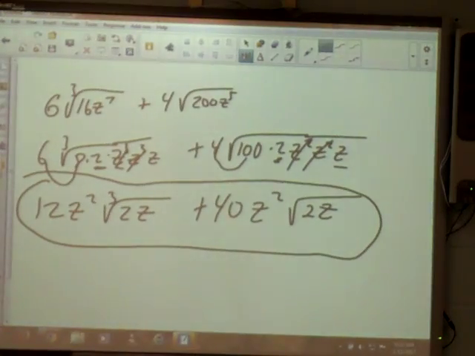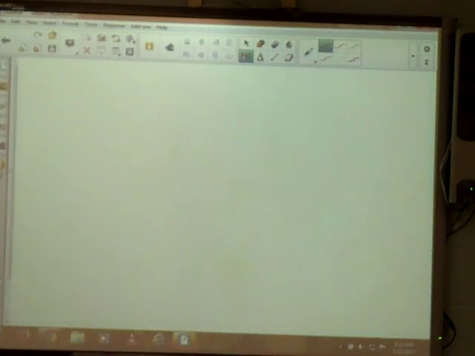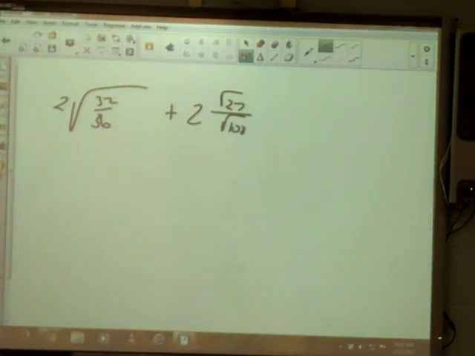All right, last thing that we got to look at is when we've got fractions involved with this stuff. Let's do a fraction one real quick. I've got 2 times the square root of 32 over 36 plus 2 times the square root of 27 over the square root of 108.